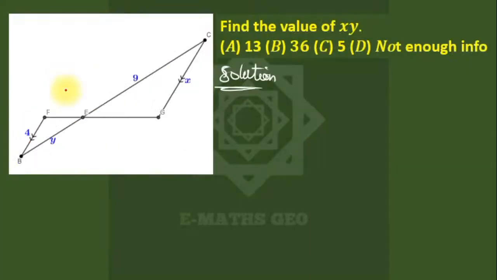Let's find the value of x times y, xy. Looking at this, I'm seeing this is parallel to this. So this angle is alternate to this. And this is the same as this vertical angle.